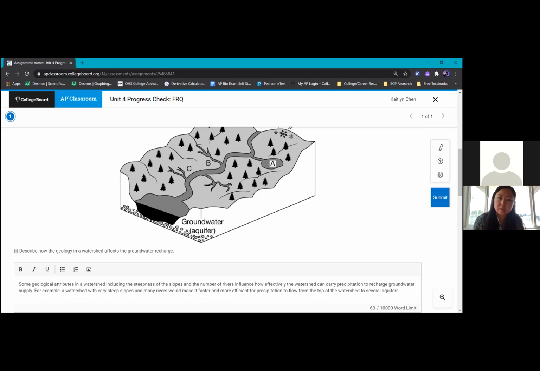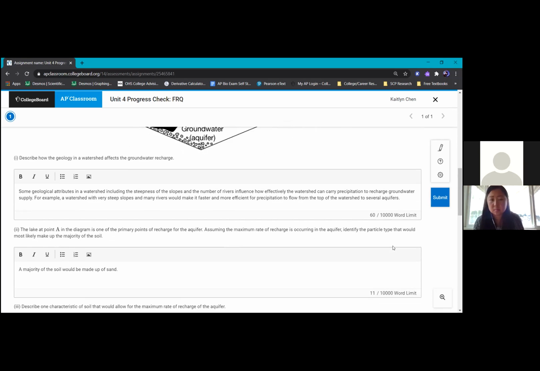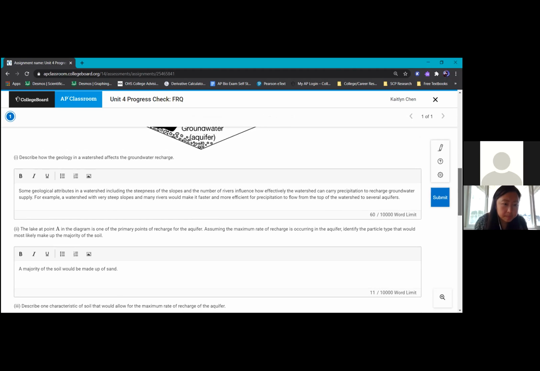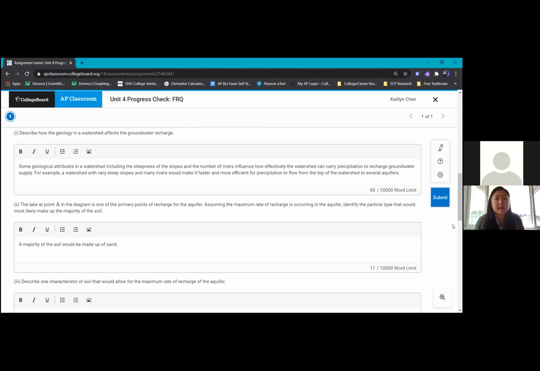Use buzzwords like permeable or porous, because that's what they kind of want you to talk about. So soil composition, kind of. Yeah, but remember soil comes from rock. And so they're asking you to talk about rock.